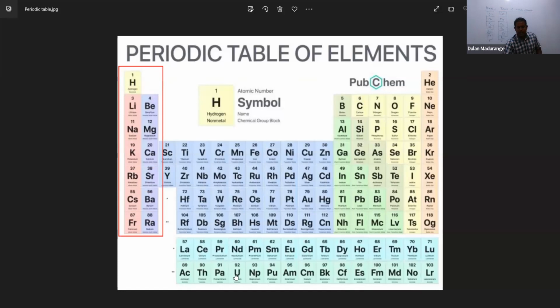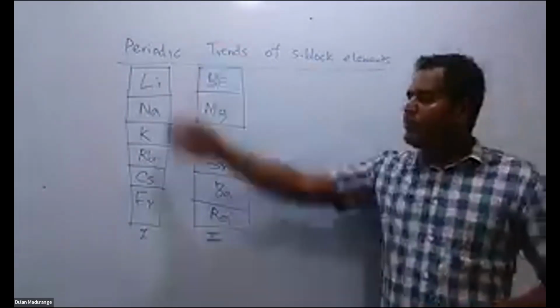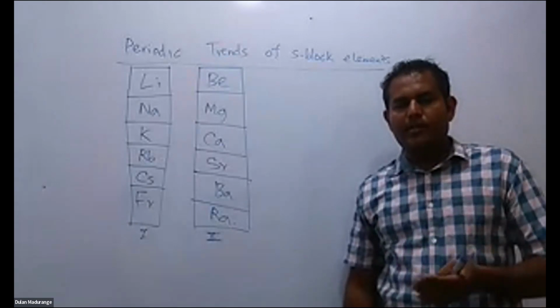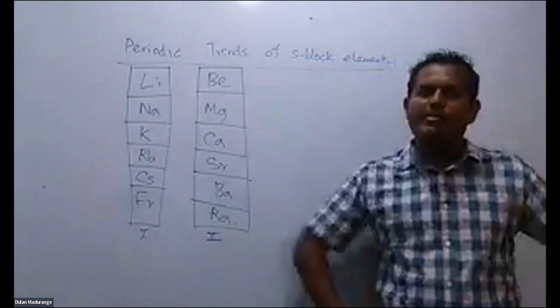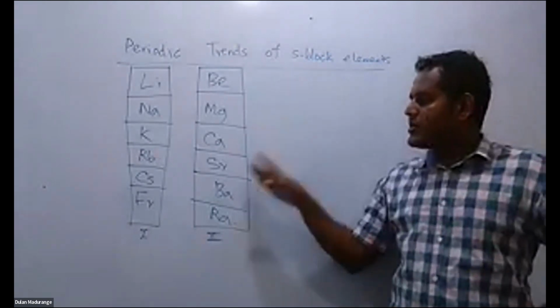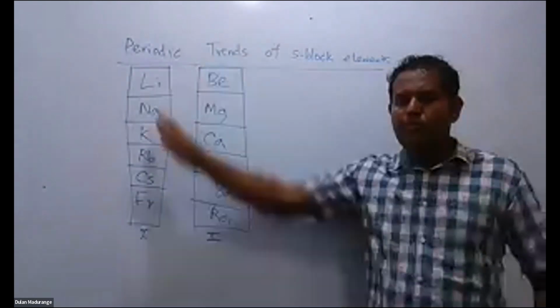Lithium, sodium, potassium, rubidium, cesium, francium, beryllium, magnesium, calcium, strontium, barium, radium. You have to study downwards the group, so when we finish S-block elements you must be able to say the elements downwards the group. What was the issue here, under group 1?